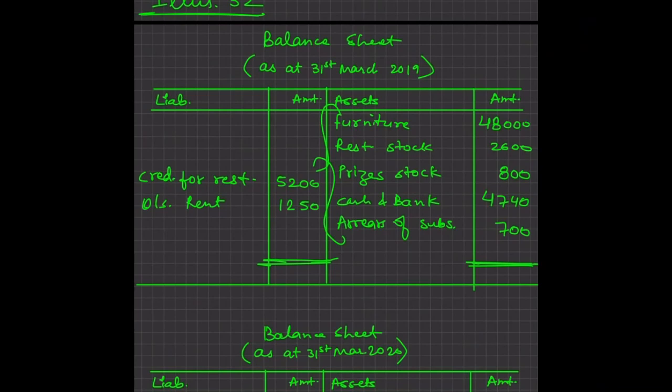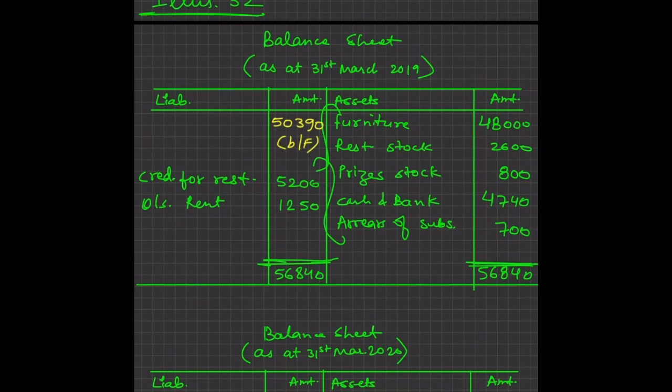So the total is coming to be 56,840. Beta, your answer should be very, very fast. You are answering very slow. And then we have creditors for rent of 5,200 and we have 1,250 of outstanding rent. So here also the total would be 56,840 and the remaining 50,390 is the balancing figure which we have got right now.